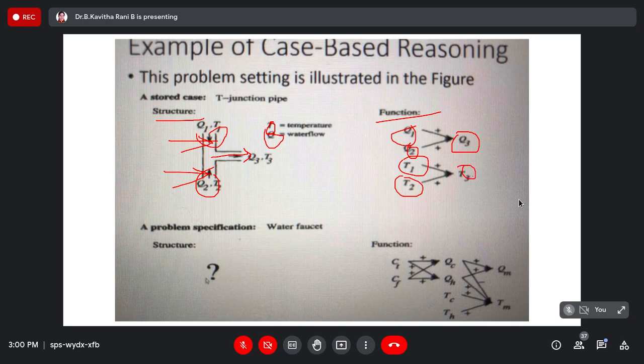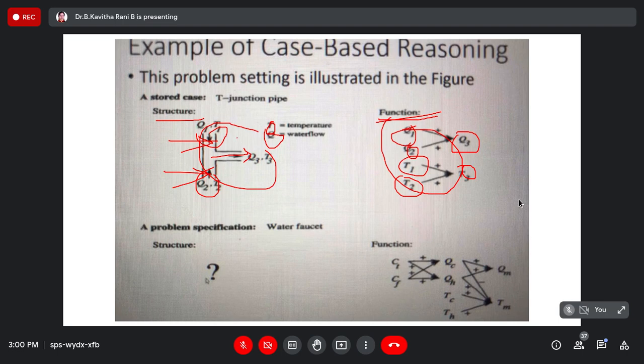So T1 and T2 combined give T3. This is your function. This is my problem, and the function should be in this way. In this way we are performing the function on my particular problem.